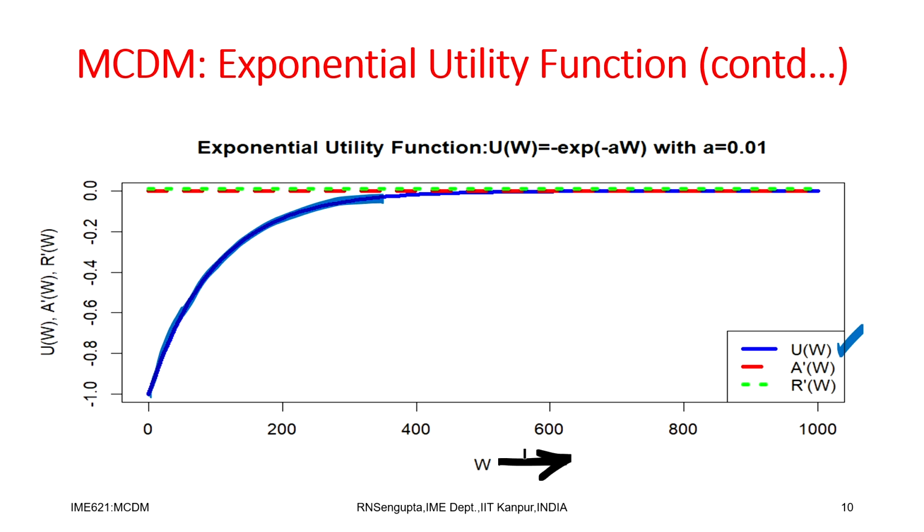W is given along the x axis and all the three values u, a prime are given along the y axis. By the way, for these graphs which I am drawing, there is a reason for that, because if you remember, for the quadratic utility function the values of r prime and a prime were increasing.